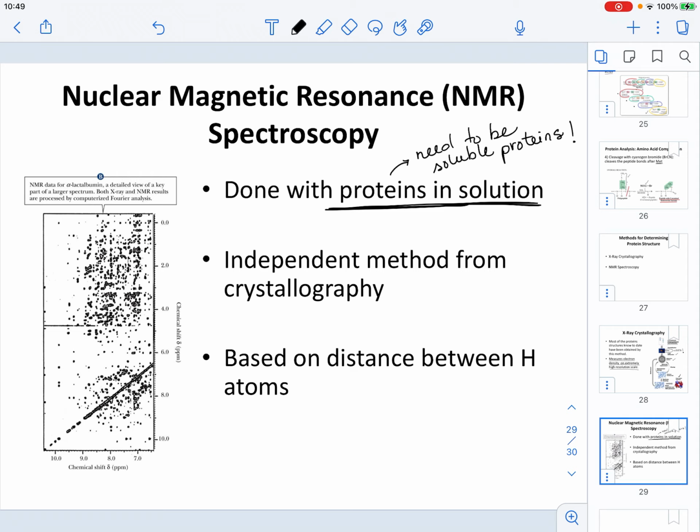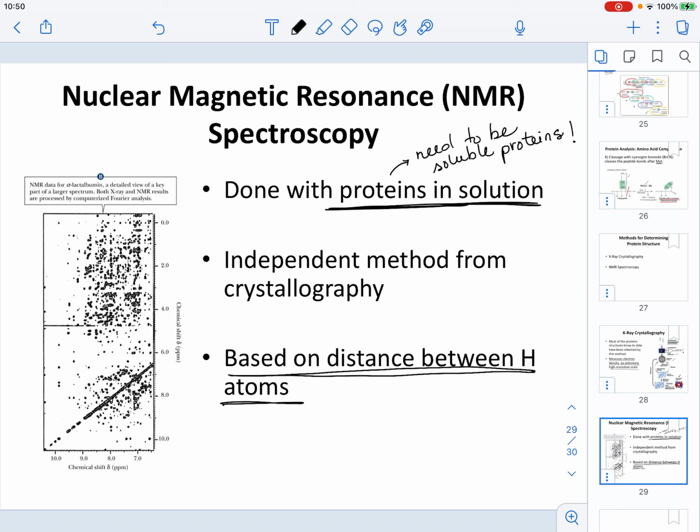So we need it in some medium. Now, understand that this method is independent from crystallography. The main thing about NMR is that it actually measures the distance between the hydrogen atoms in the molecule.